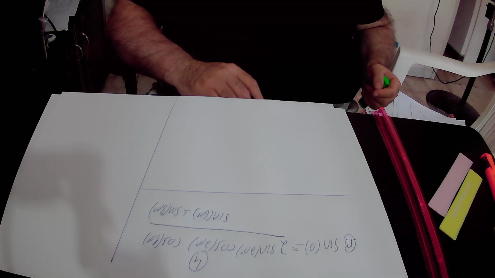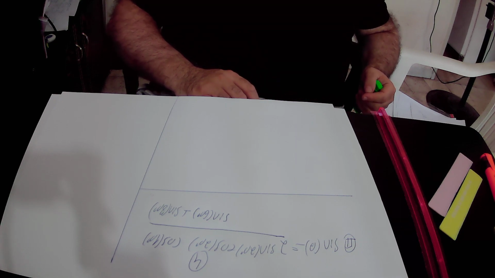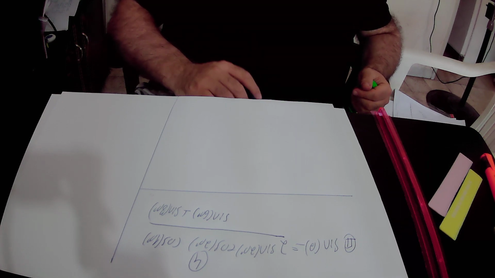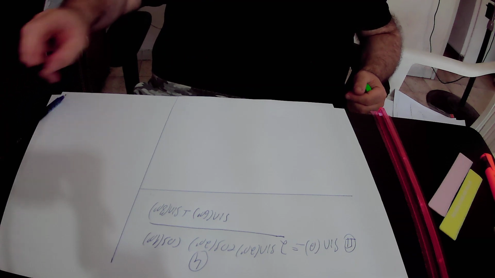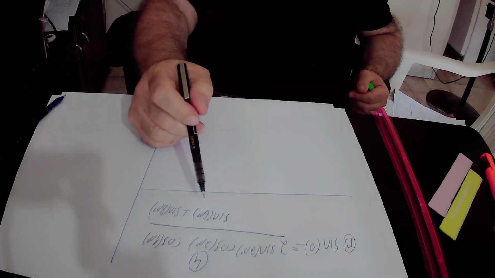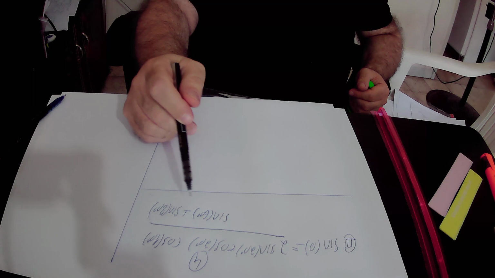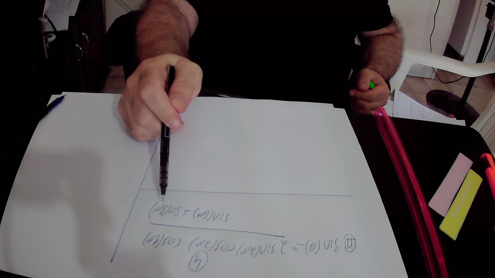Okay, and we have the third trigonometric identity. Here we have in the denominator sine 60 degrees plus sine 80 degrees.